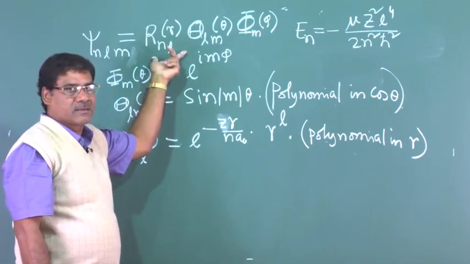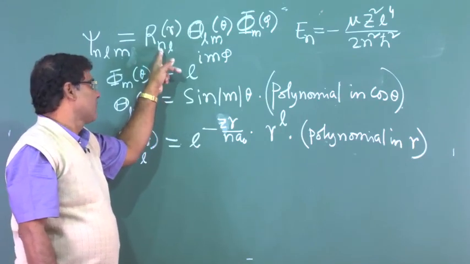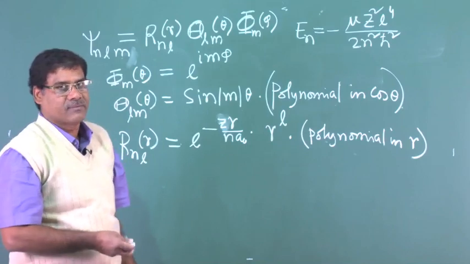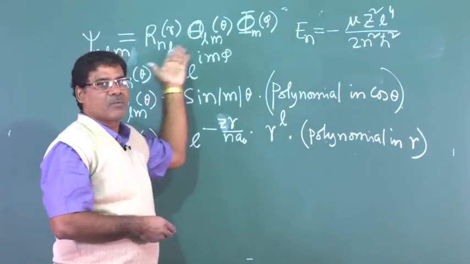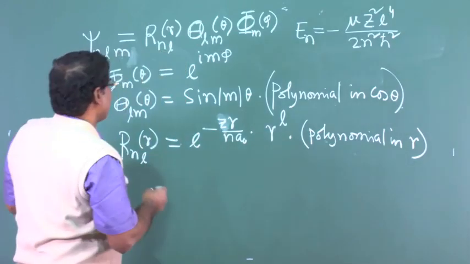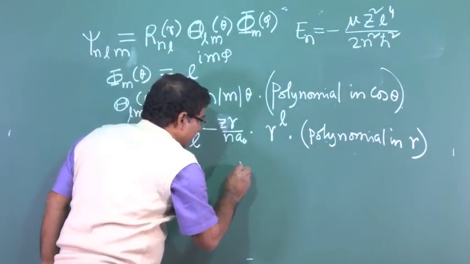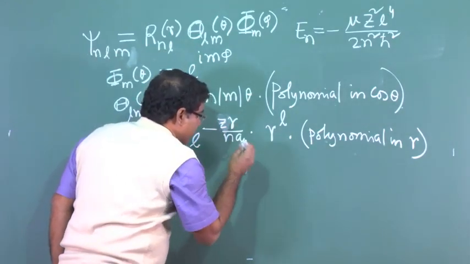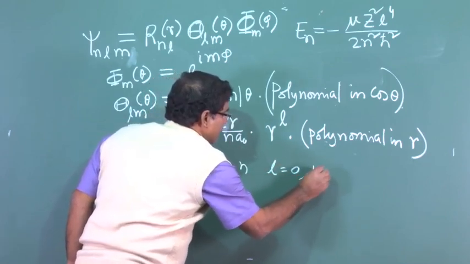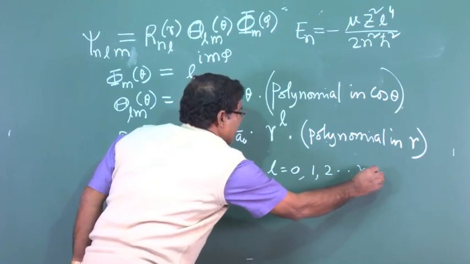For a given n, we will know the l value and m l value. You already know that for a given n, l is 0, 1, 2 up to n minus 1.